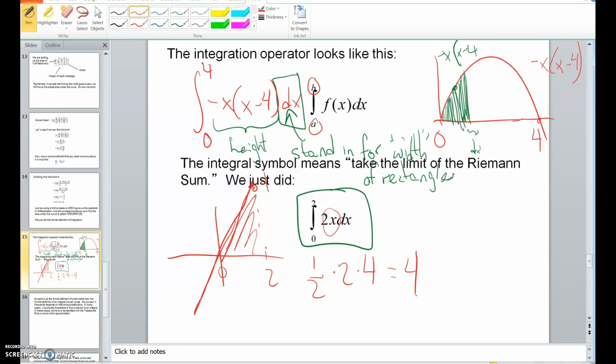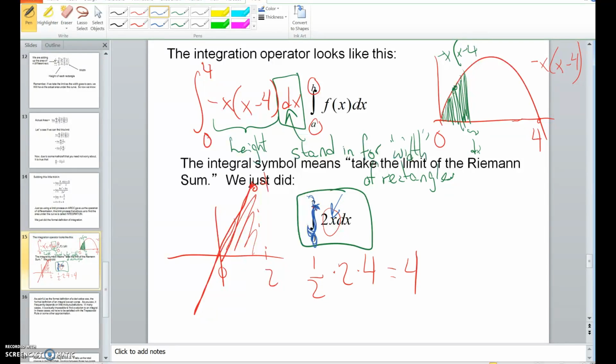You get 4. But the important part is that you understand what the notation here means. So integral means find the area underneath, or find a function that expresses the area in between x equals 0 and x equals 2 of the function 2x.